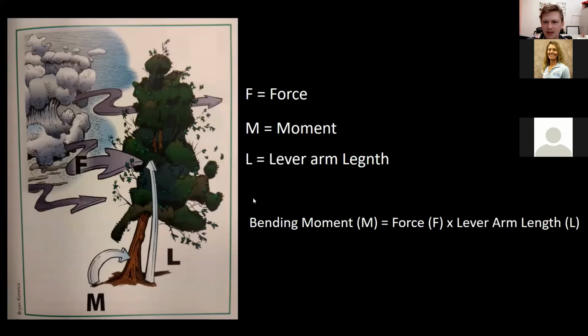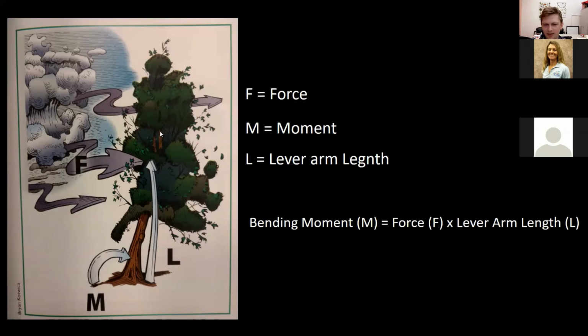So just to get into a little bit of physics here, you've got your force, the moment, and the lever arm action. The bending moment is how much force is allocated in the spot where the stress is being forced towards.